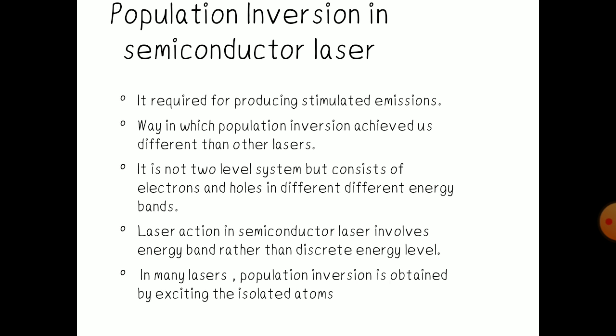The conduction band consists of excess electrons, and the valence band consists of holes which are moving inside that band. So in a semiconductor there are electrons in the conduction band while holes are in the valence band.